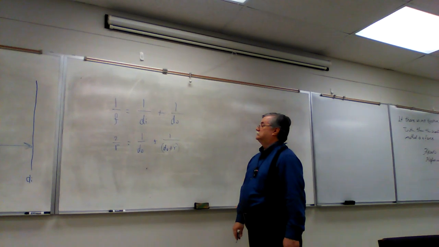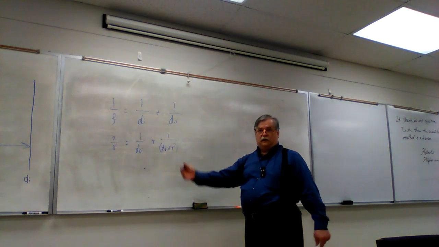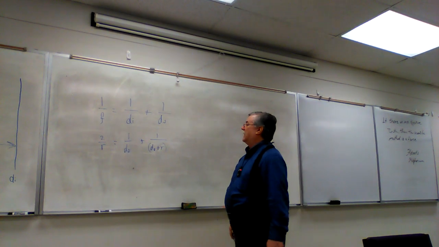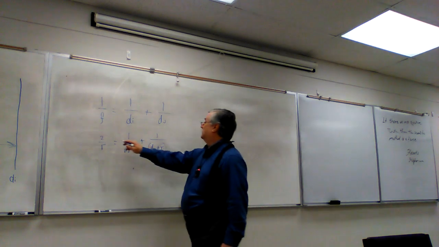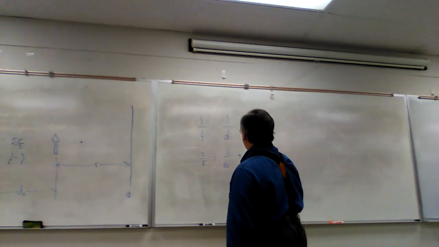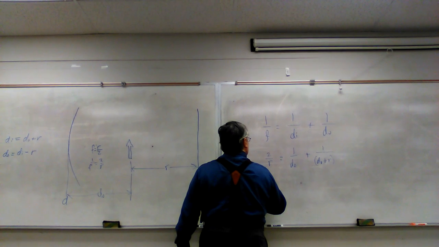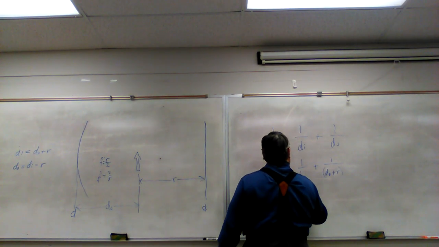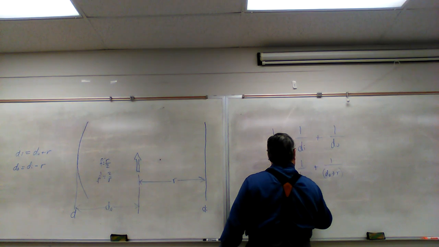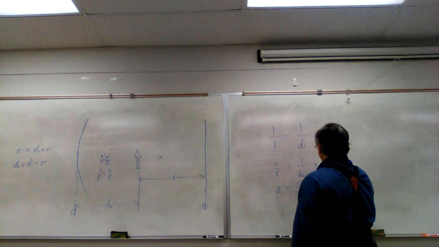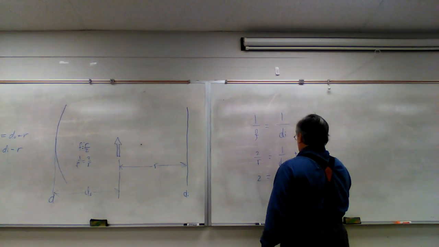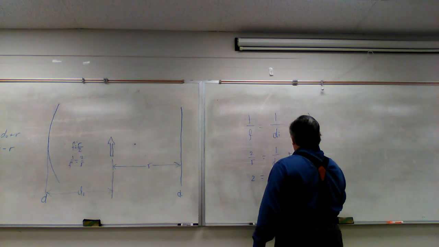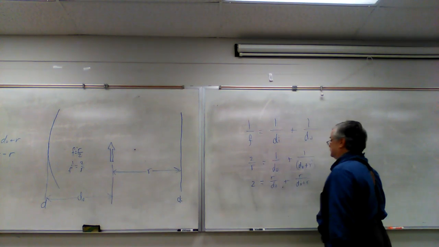So, just start multiplying through by stuff. Multiply through by d sub O plus r. Now let's just multiply through by r. We get 2 equals r over d sub O plus r over d sub O plus r.